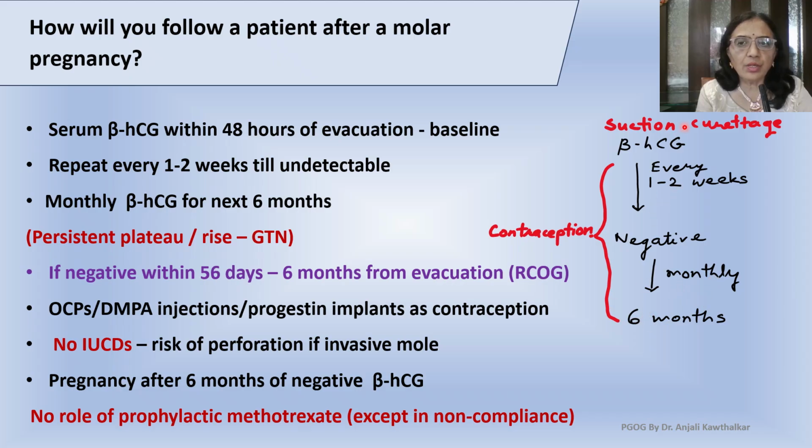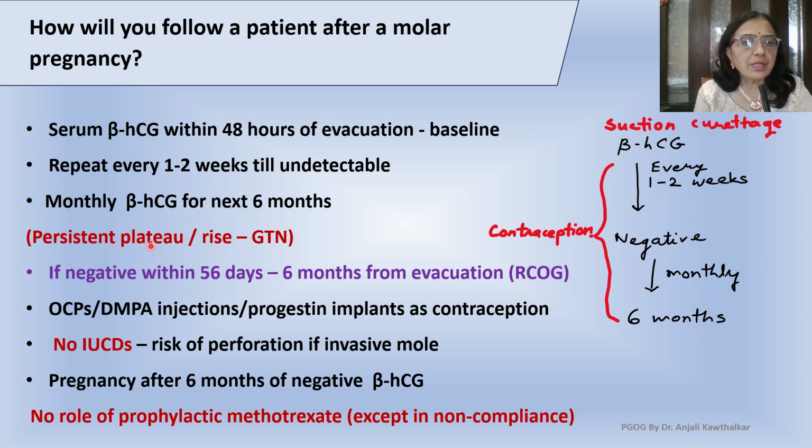So this is the total duration of beta HCG surveillance. Initially every 1 to 2 weeks till it is negative, then monthly for 6 months after it is negative. So it will depend on when it becomes negative, and then after that for another 6 months on a monthly basis.